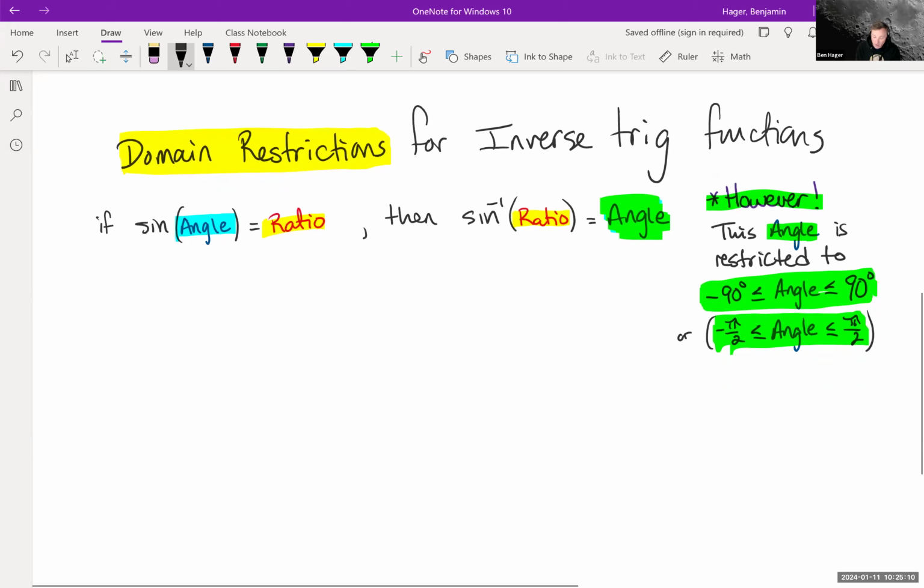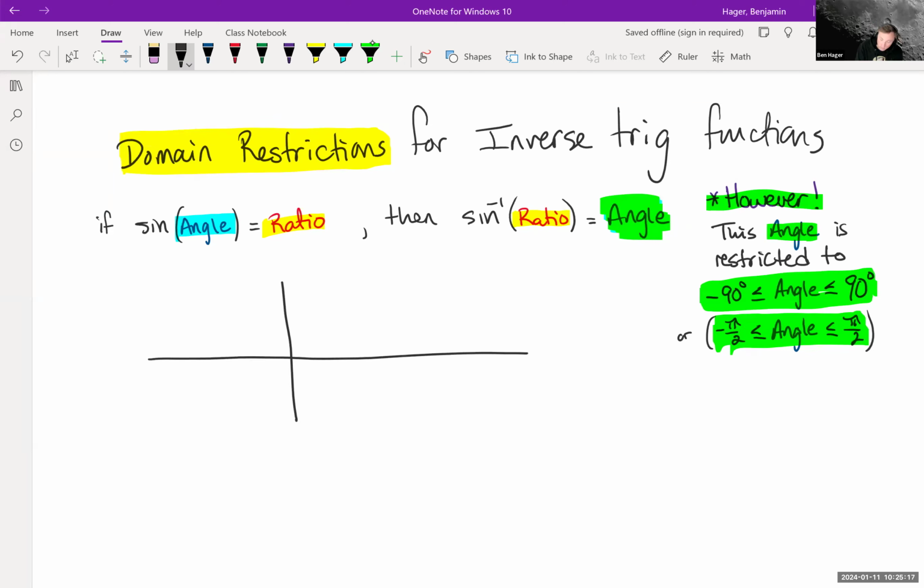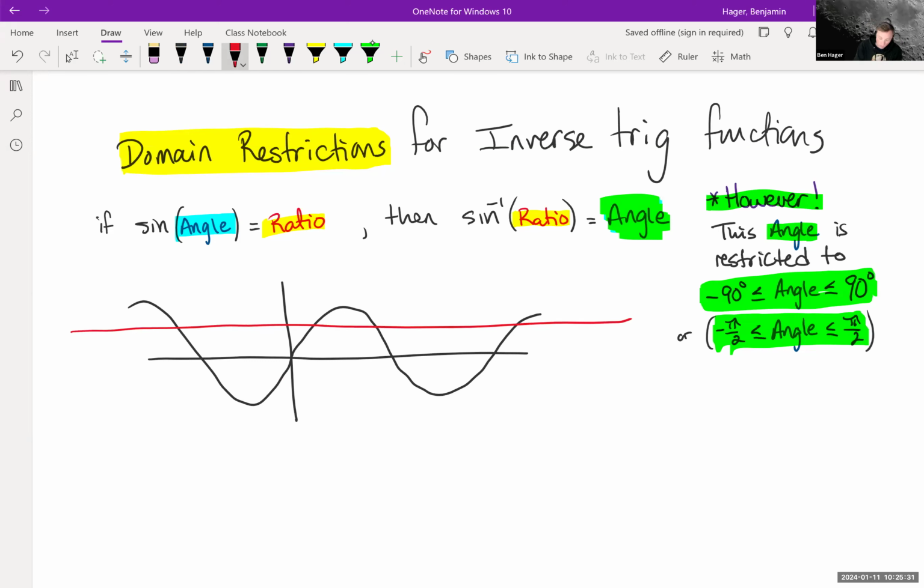We haven't got to graphing the trig functions yet, that comes later, but for a brief sketch, here is roughly the graph of sine. We won't go into all the details yet. If you look at this graph of sine, this thing is clearly not 1-to-1. It fails the horizontal line test.